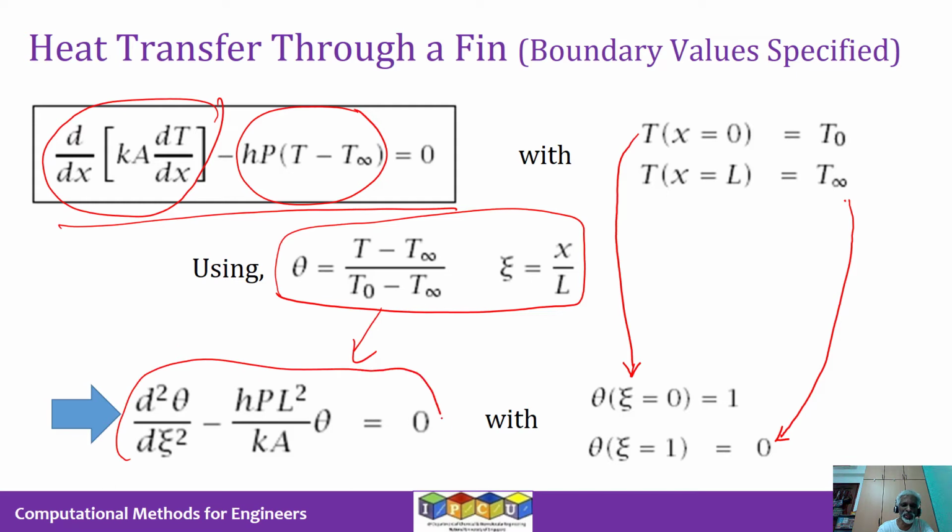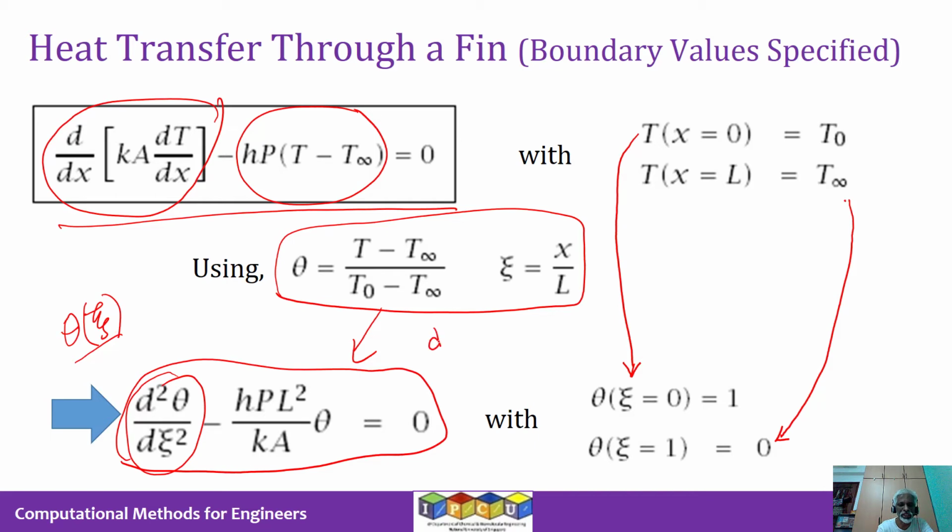This is what we saw in the previous slide, and this is a second order ordinary differential equation because the highest derivative is the second derivative. So from this equation, if you want to get theta, the dependent variable, as a function of psi, the independent variable, to go from d2 theta by d psi squared to theta, we have to do two integrations, right?